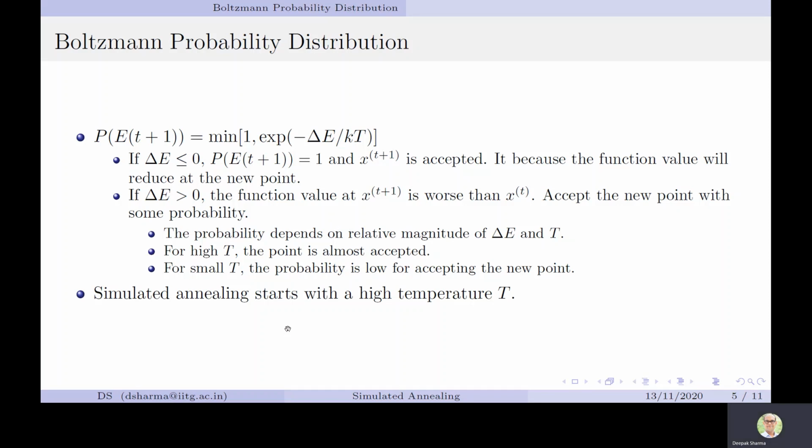Generally, simulated annealing starts with a high temperature T so that we can initially accept either a good or a bad point. In every iteration, we keep reducing the temperature, so at lower temperature the acceptance will be reduced.